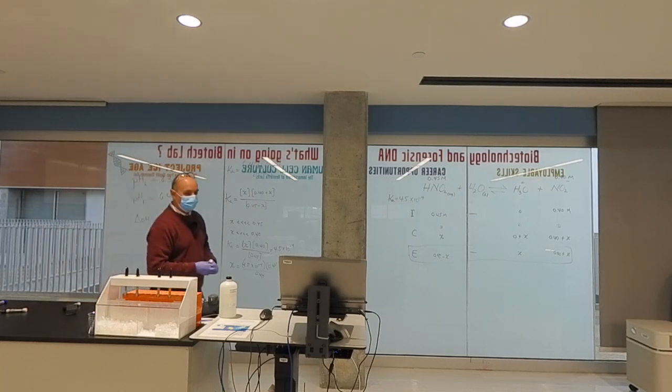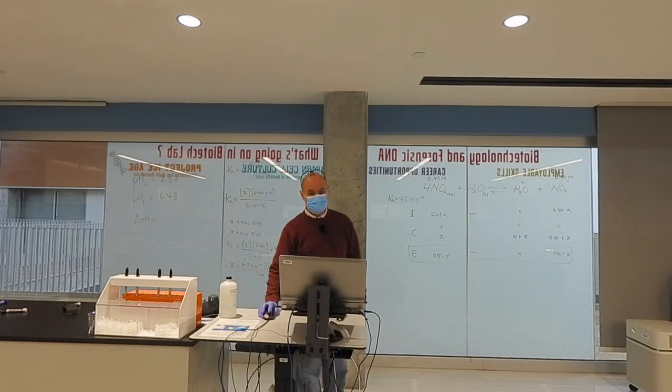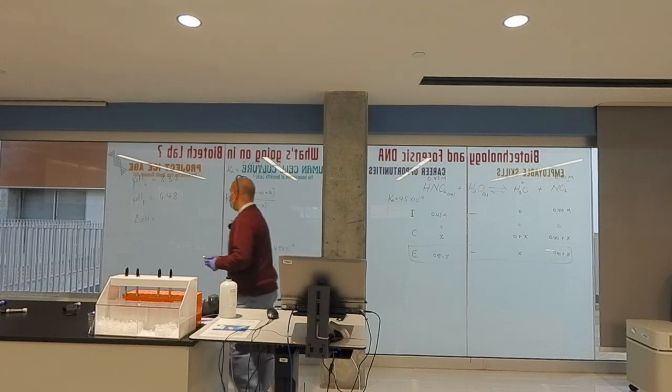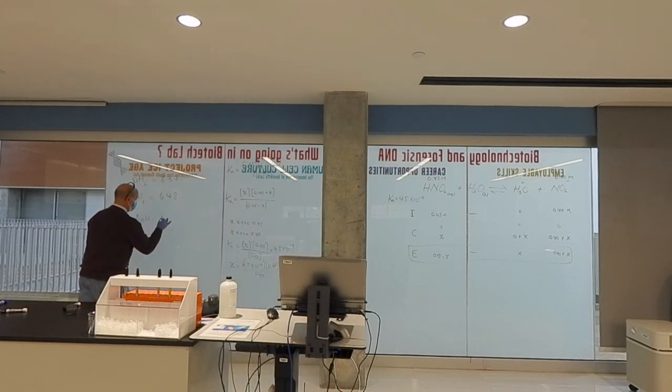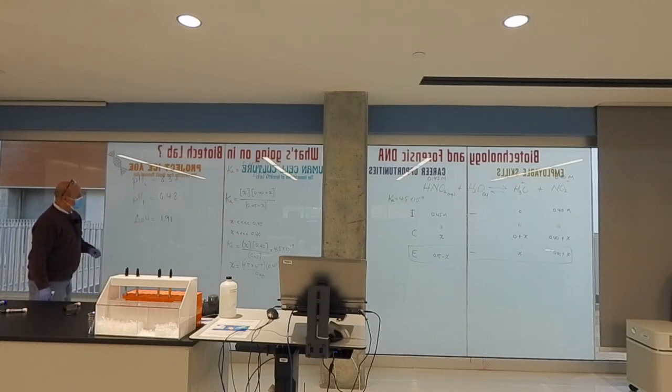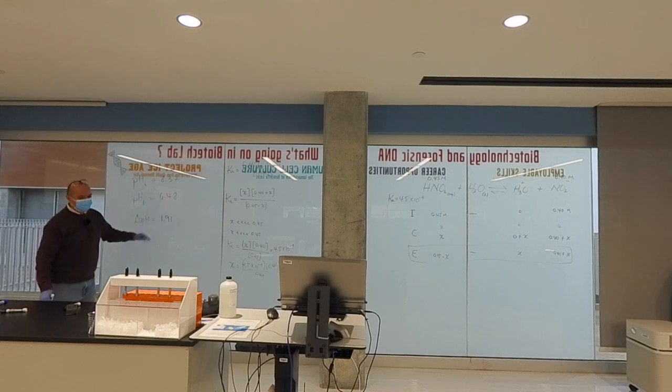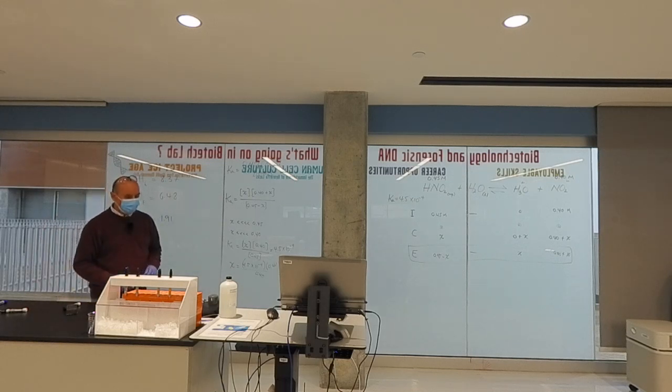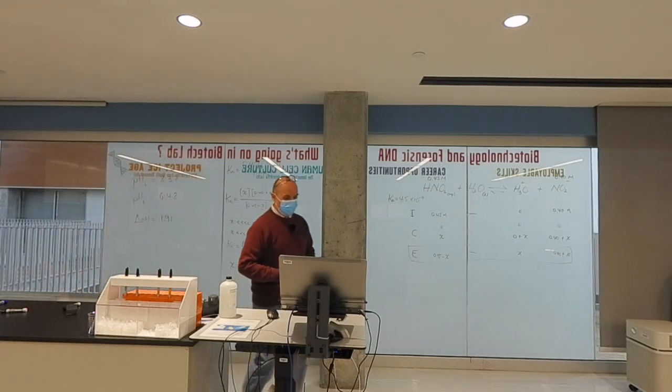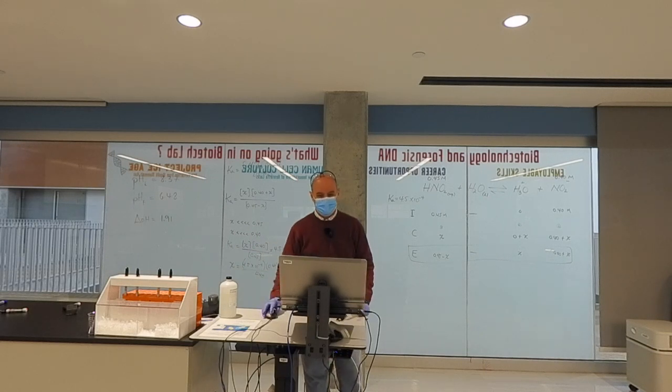But let's just get the difference as it stands right now. 1.91. Okay. Now, that is the change in the amount of H pluses from beginning to end.